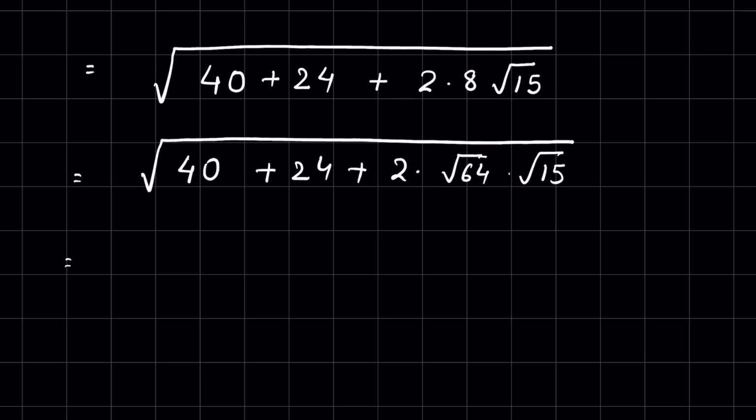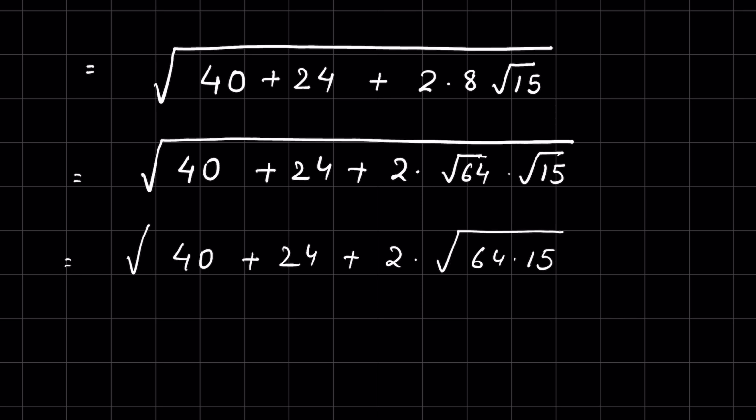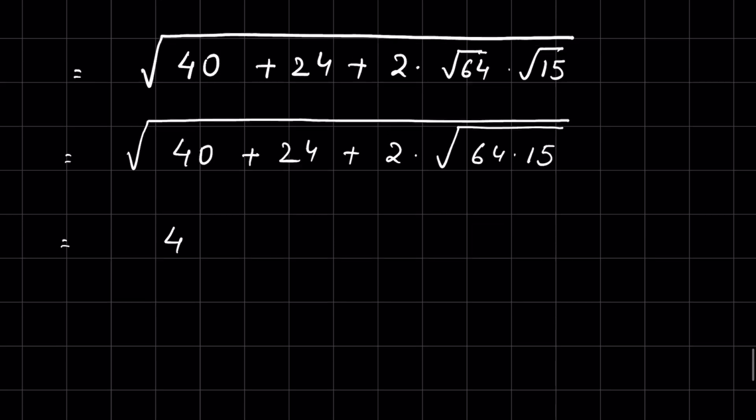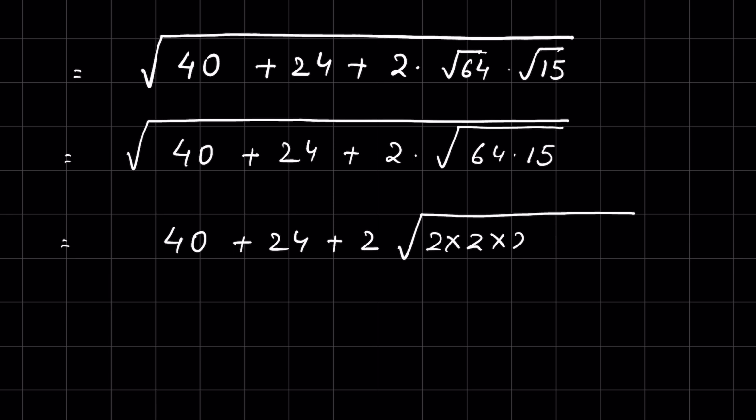So we can write it as 40 plus 24 plus 2 times 64 times 15 under square root, then all under square root. 64 we can break down into 2 raised to the power 6, or let's write it as 2 times 2 times 2 times 2 times 2 times 2, and 15 as 5 times 3.